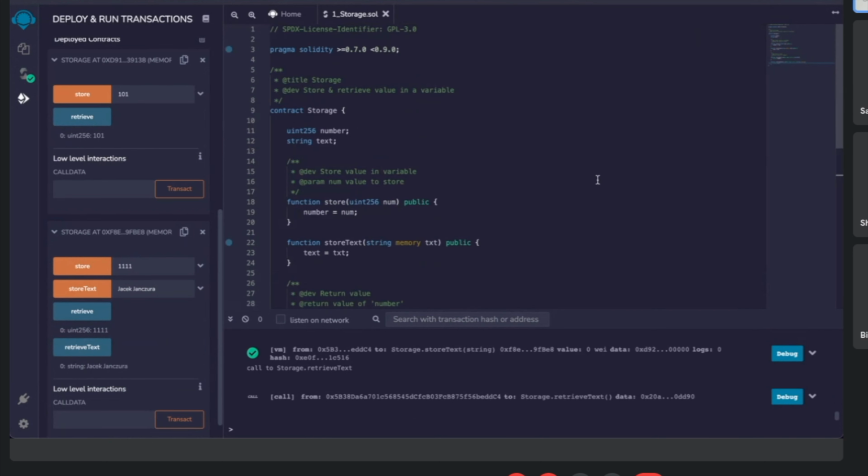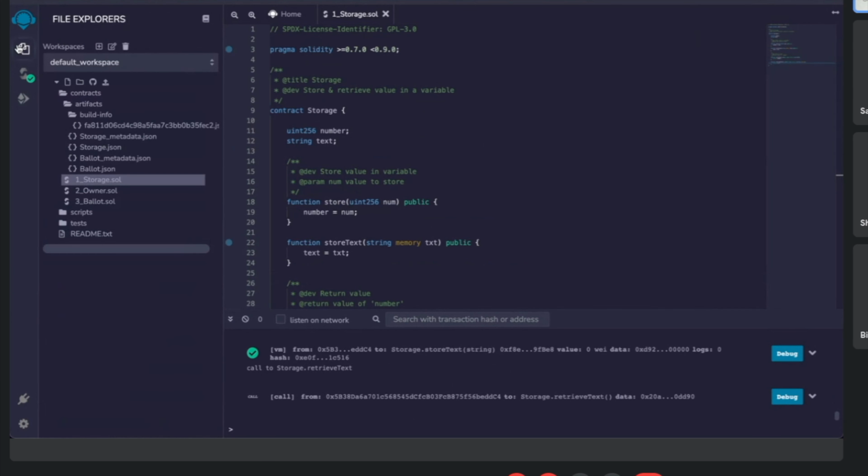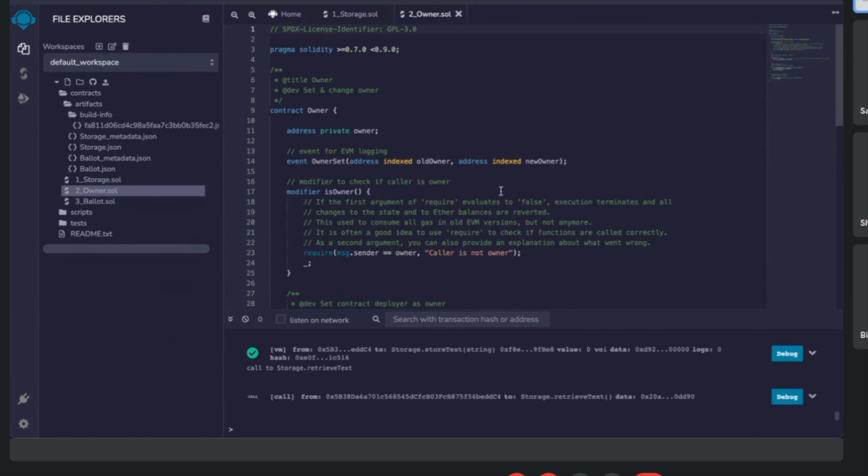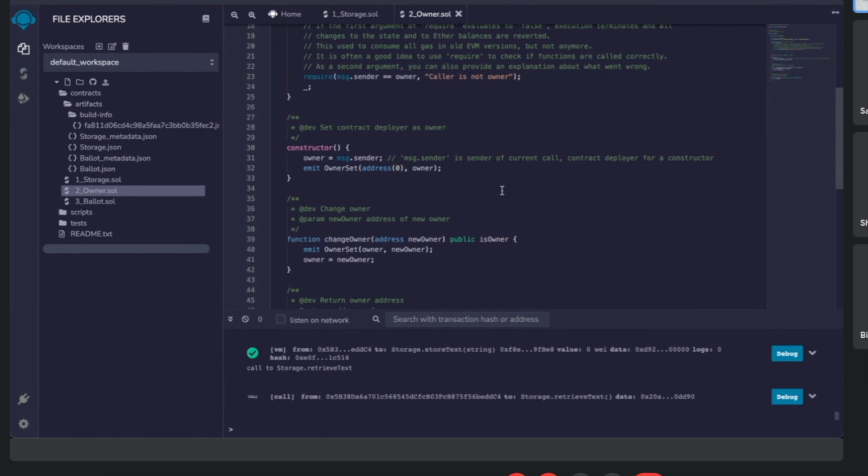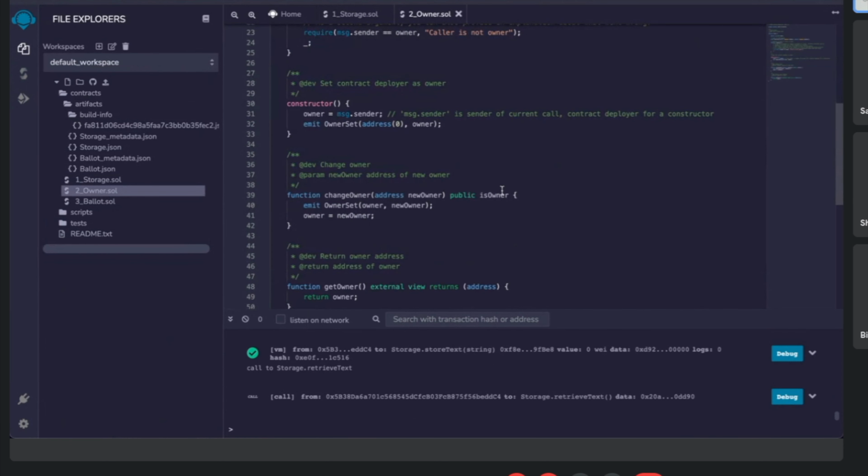I can have access management as well, so allow certain addresses to access the blockchain, set owners, set tables, set loops like a for loop, and so on. What will happen if I write an infinite loop and trigger this transaction?